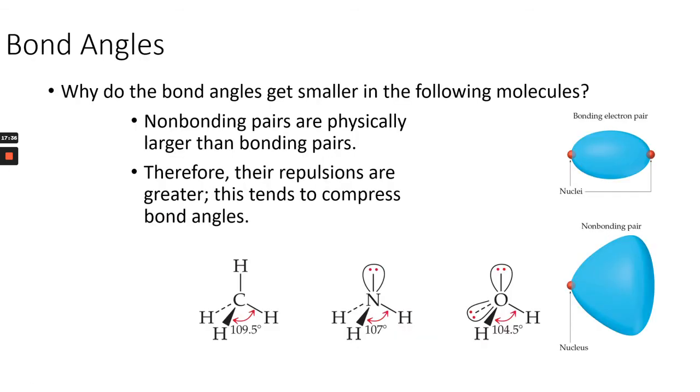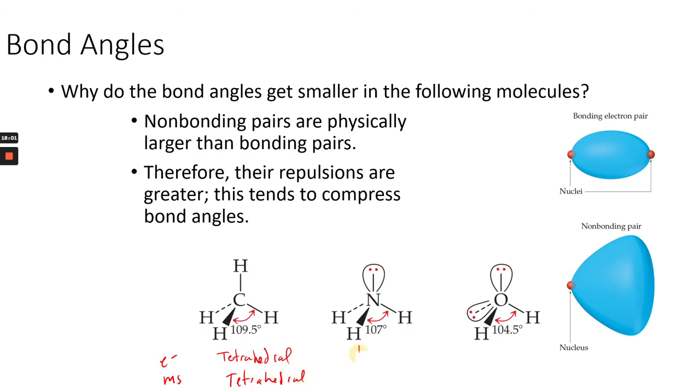So we talked about shapes, but what about bond angles? Why do bond angles get smaller in the following molecules? Let's look at this. Here, tetrahedral, both electron pair and molecular shape.